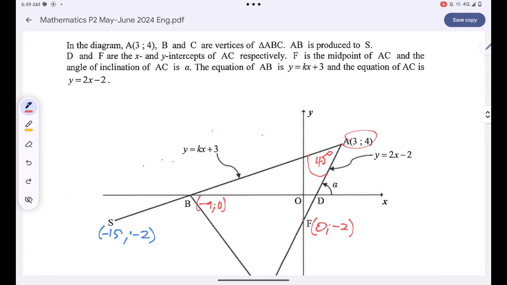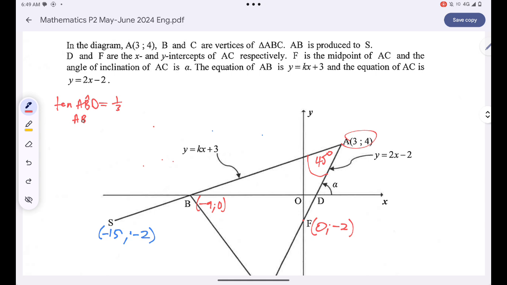Okay, so for equation AB, I know that tan of angle ABD is equal to the gradient, which is just 1 over 3.